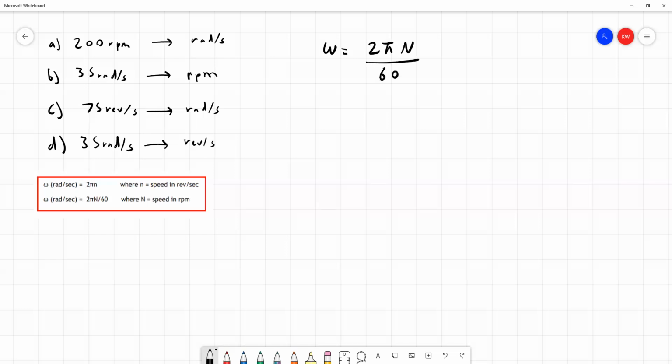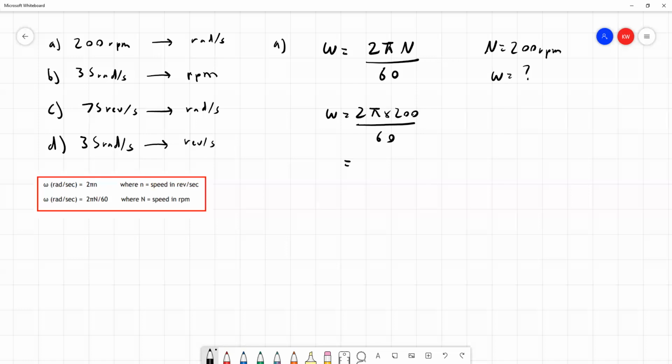So we have this formula here. Now when we use this formula, the value omega is going to be our value in rads per second, so that's the thing we're trying to find in part A. And the value n is going to be our value in RPM. So here we have n is 200 RPM, omega is unknown. So we put the value we do know into the formula. So we're left with omega is equal to 2 times pi times 200 divided by 60.